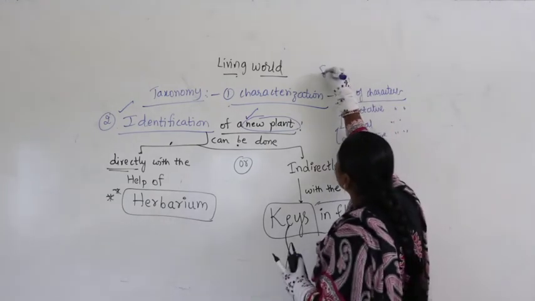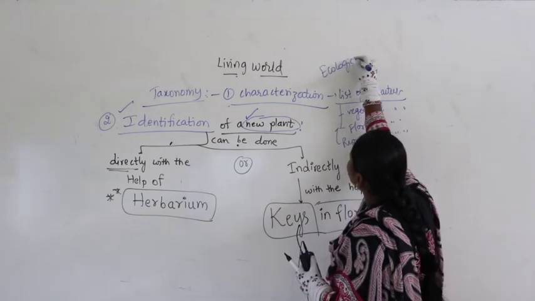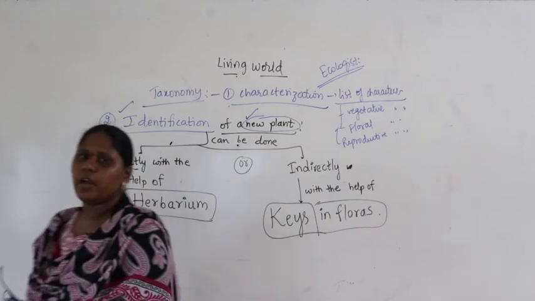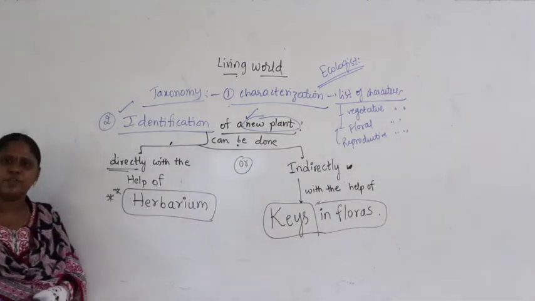Now using all these characters, after they are noted down by an ecologist, what will he do? He will try to identify the plant. How will he identify the plant?